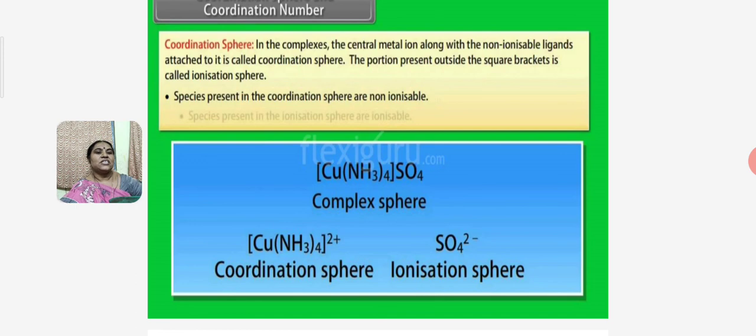This is a complex compound. In this, what is the coordination sphere? [Cu(NH3)4]2+ is the coordination sphere, and the sulfate ion which is present outside the square brackets is the ionization sphere, which is also known as the counter ion.